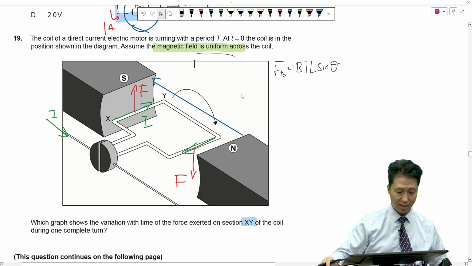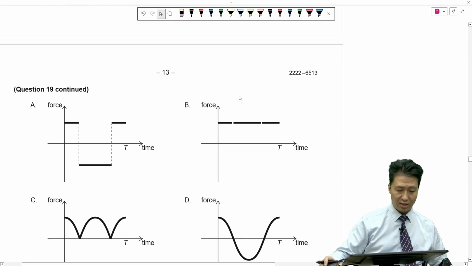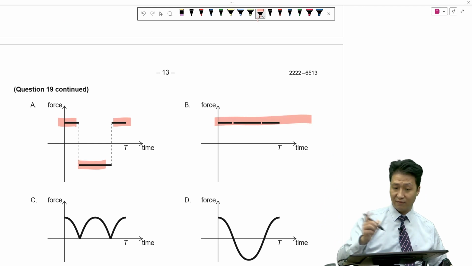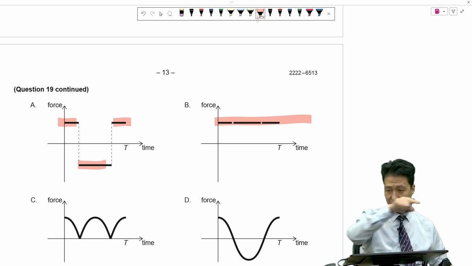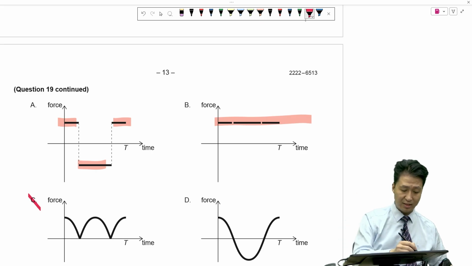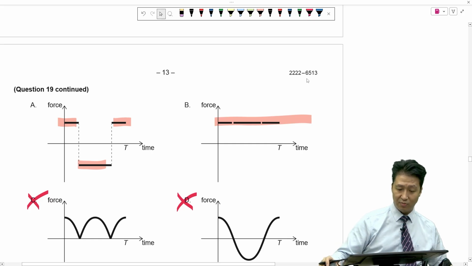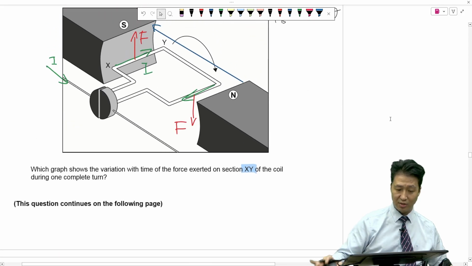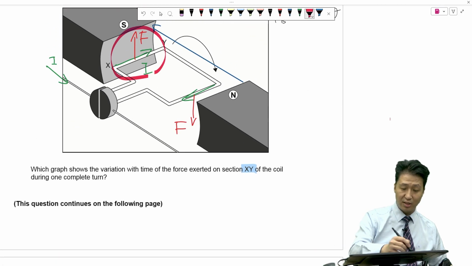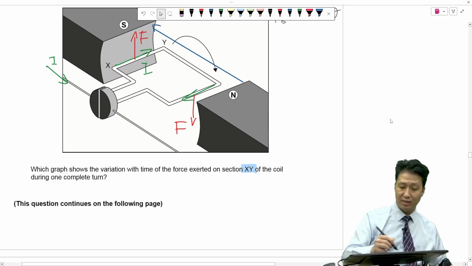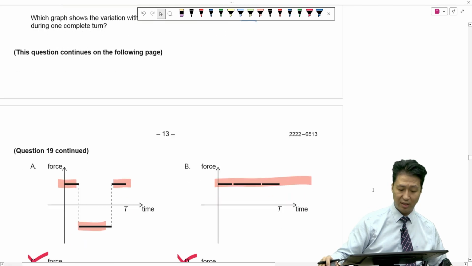But here, notice that A and B have that where it's not sinusoidal, it's always uniform. So it cannot be C and it cannot be D. Second thing is, if you go back to the force directions, while it's in one side, it's upwards, and the other side, it's downwards. And because they're opposite directions, the answer should be A.